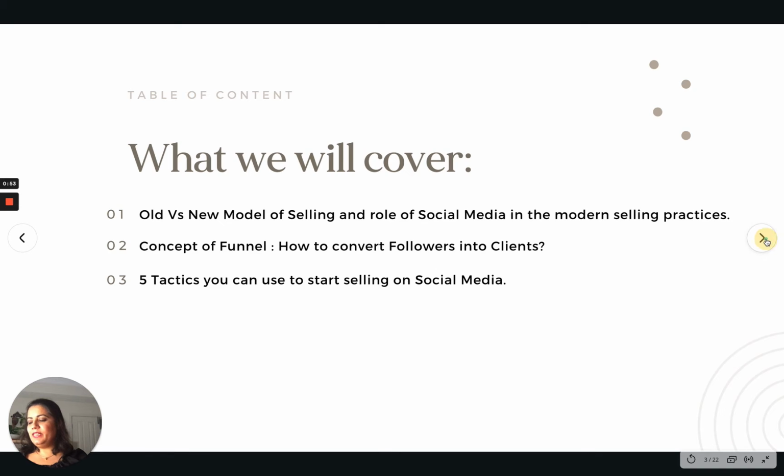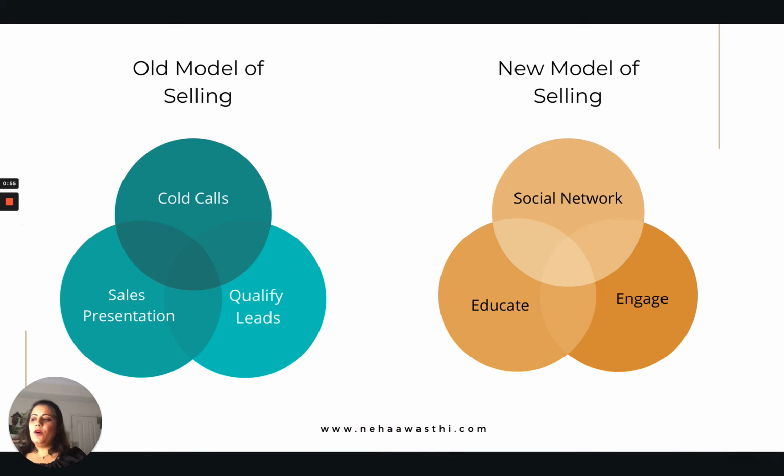Let's get into it. So this is the old model of selling, and on the right hand side you see the new model of selling. The old model of selling was all about cold calling people, picking up your phone and having a chat with someone you don't know, and starting off by asking, can we meet? You want to get in front of those people.